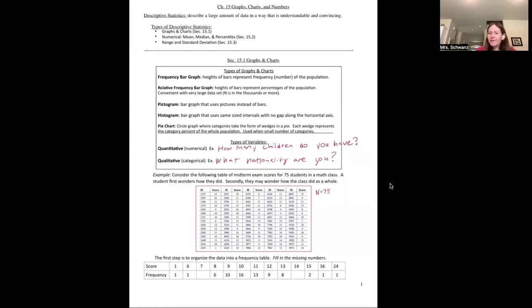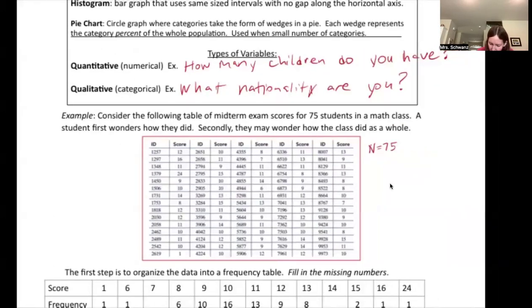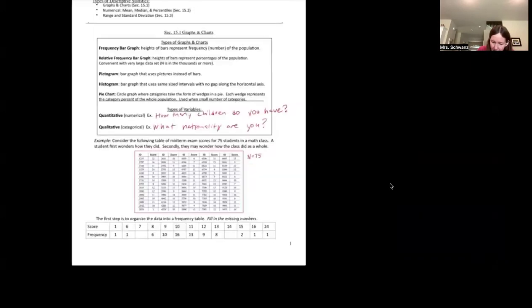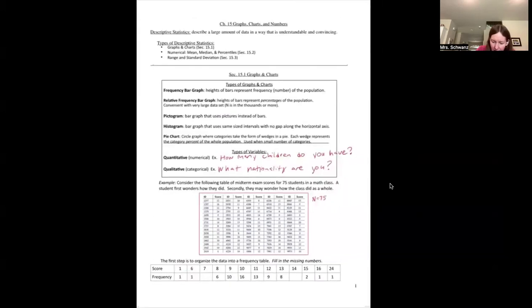It might be easier for you if you had to fill out this entire table. The easiest way to do it is to go down this list and say, 12, let me draw one tally under 12. 16, let me draw a tally under 16.